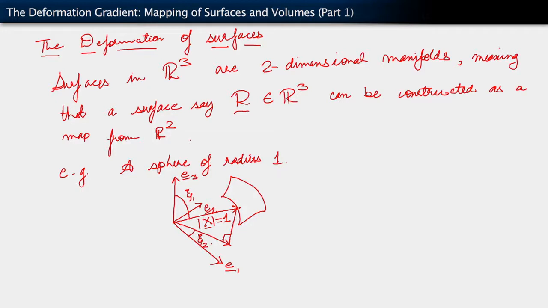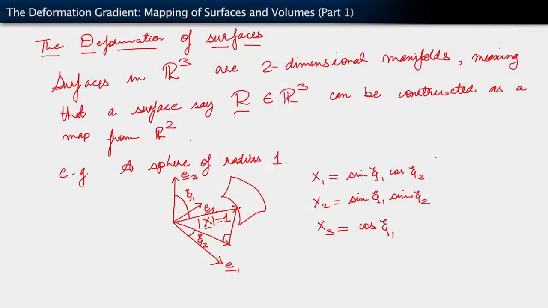We know that the coordinates of that point x are the following: x1 equals sine C1 cosine C2, x2 is sine C1 sine C2, and x3 is cosine C1.